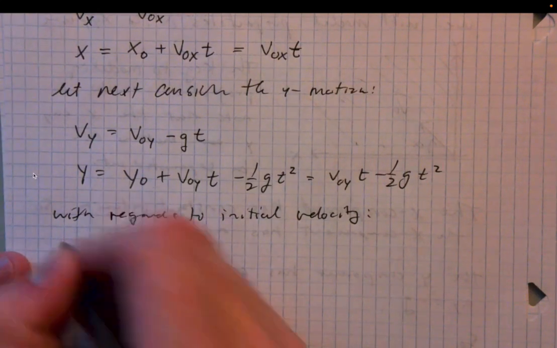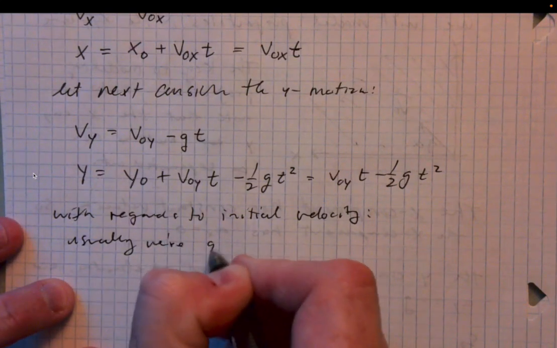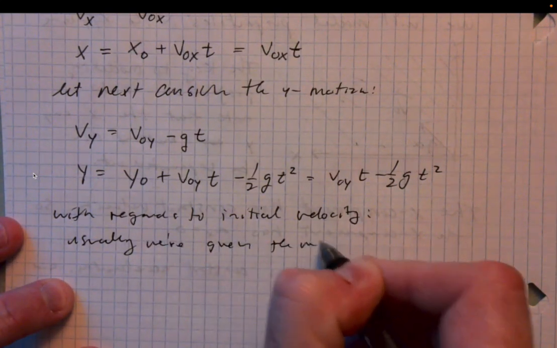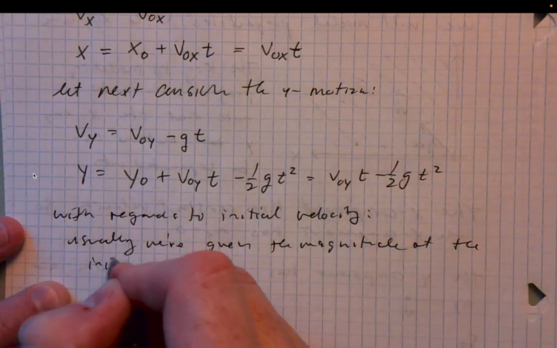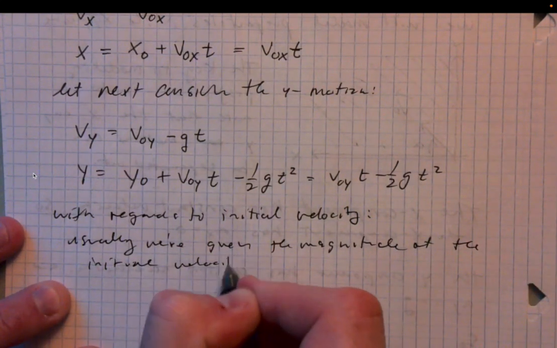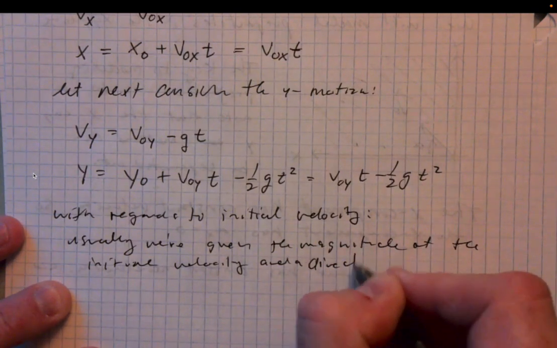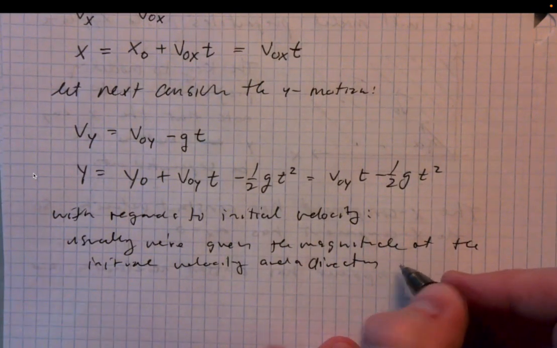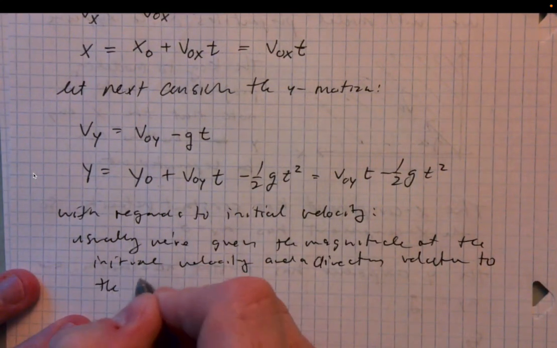So usually we're given the magnitude of the initial velocity and a direction relative to the horizontal.